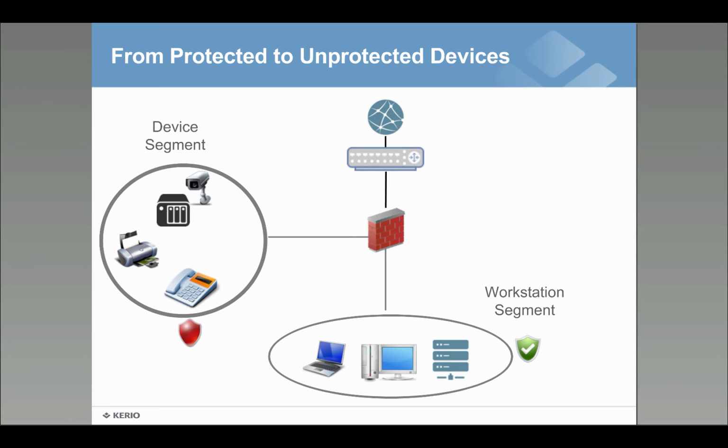Then we have to set up some traffic rules, and it's good that we have two segments and the firewall between, because we are able to enforce all the traffic from one segment to another to go through the firewall. The first rule to be set up is that workstations can access those devices, because you have those devices to be used. This rule is absolutely necessary.